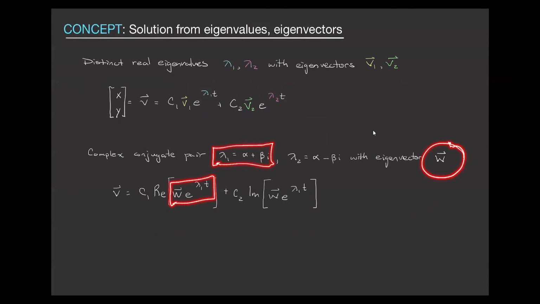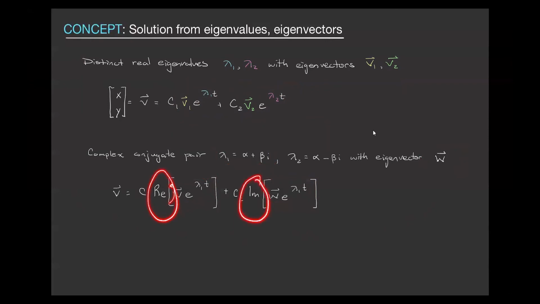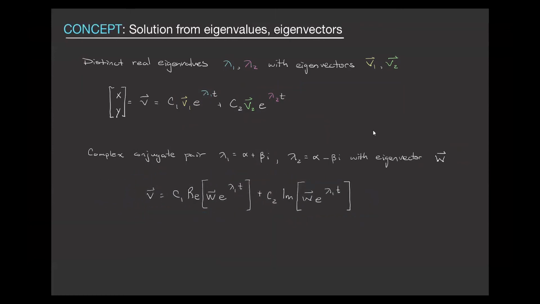Notice that's w times e to the lambda 1 times t, as is this. You divide it up into a real part and an imaginary part. Because taking the real part gives you something that's just real, and taking the imaginary part is also just real, you'll get something that's completely real. And I should maybe move this over for uniformity and say this is equal to xy.